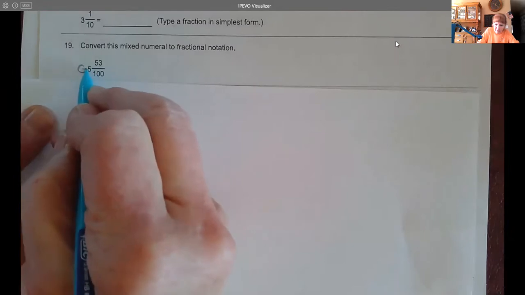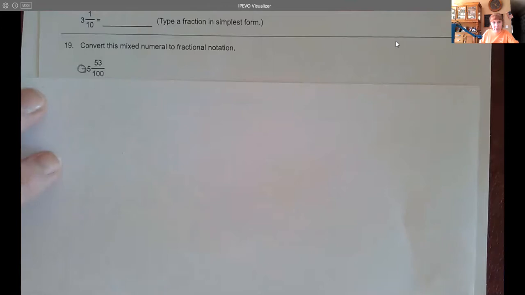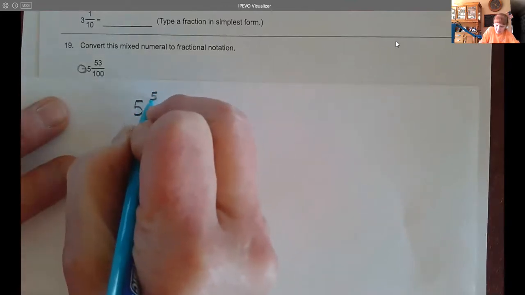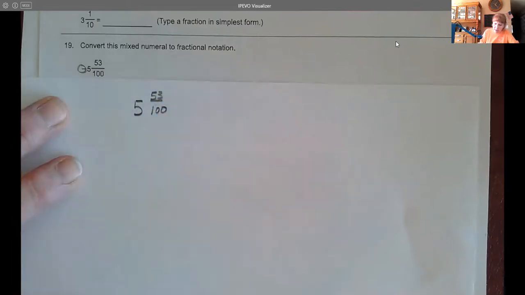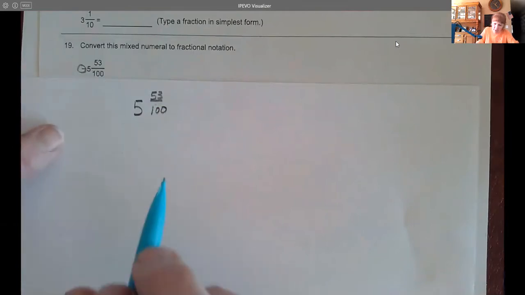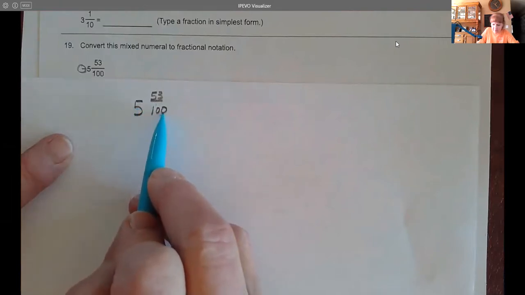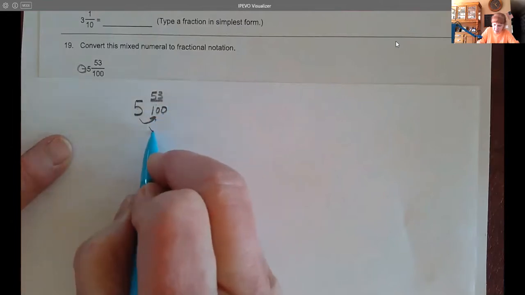Here, I have that negative, so I know my answer will be negative. But to do the problem, we'll ignore that. So we're going to convert it to a mixed numeral. Okay. So we're going to take 5 times 100. So we're multiplying these.